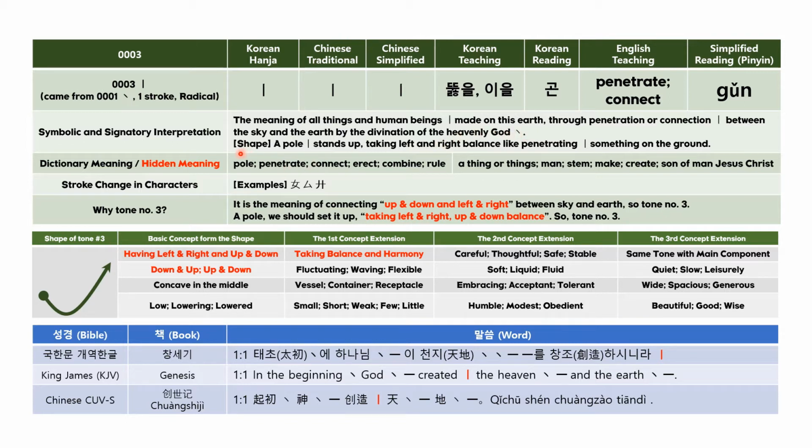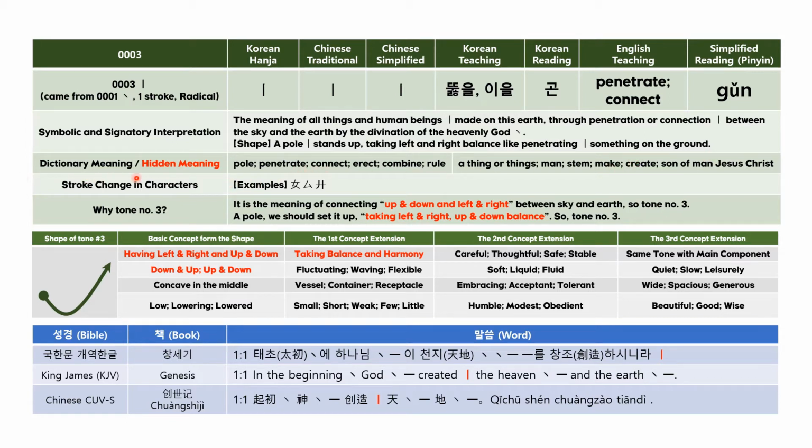So you may wish to learn this character through shape. In this case, a pole stands up, taking left and right balance, like penetrating something on the ground.